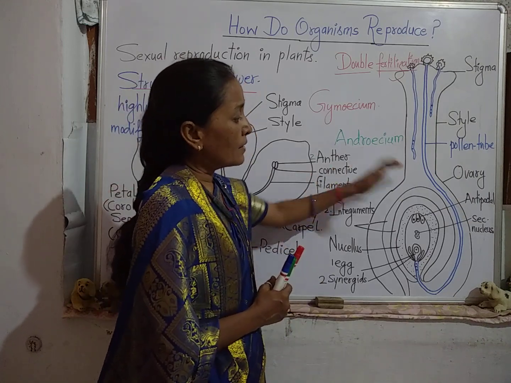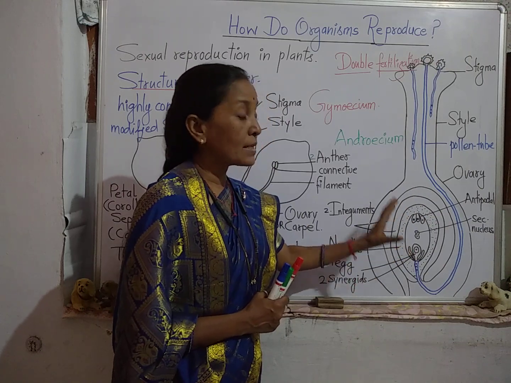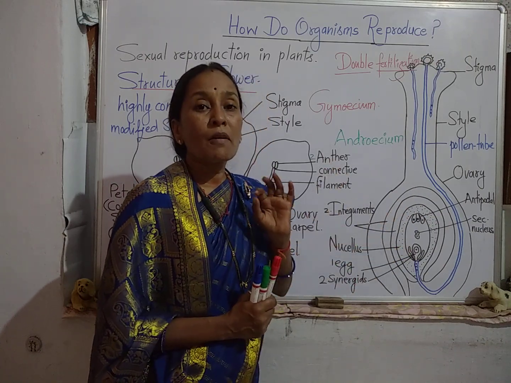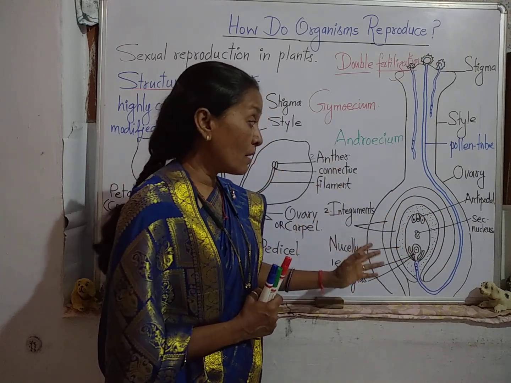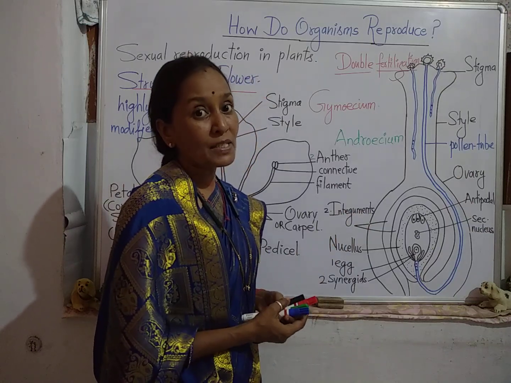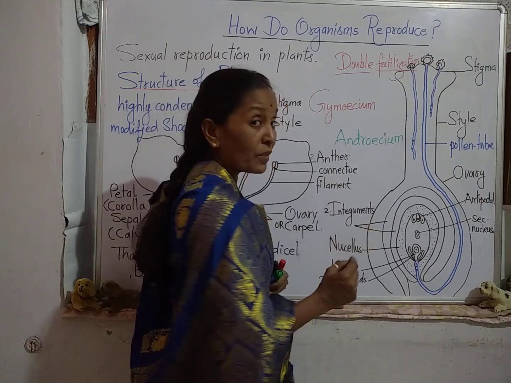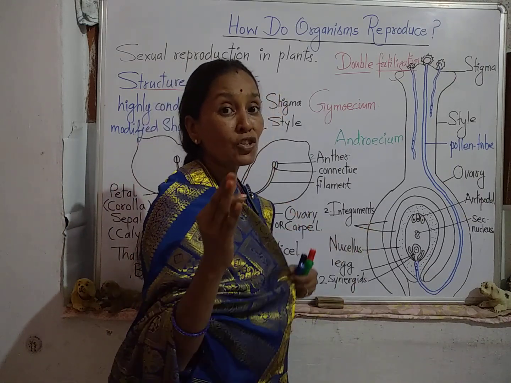Now, inside the ovule, the embryo sac is present. The embryo sac is nothing but the female gametophyte. So let us count how many cells are present in the embryo sac. The embryo sac is formed from one of the cells of the nucellus.